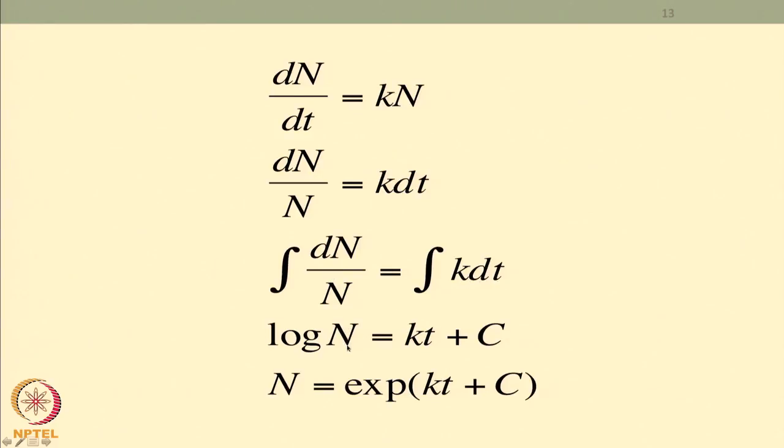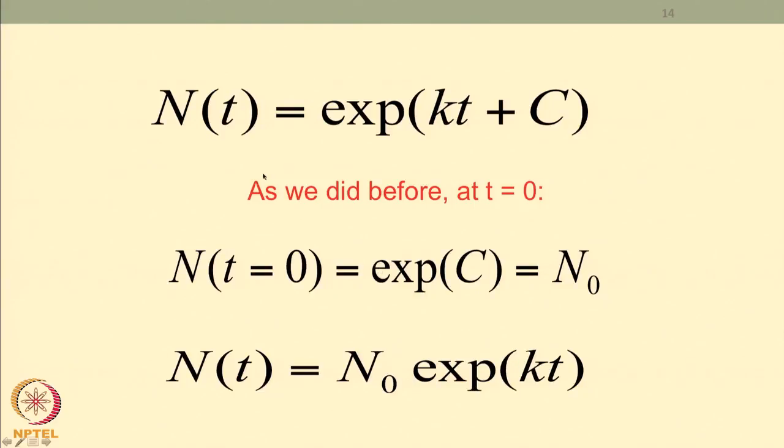The integral of 1 over N is log to the base e N, and kt plus a constant, which I could write as N equals e power kt plus a constant. So this is the exponential function that we have: N of t is e power kt plus c. If I substitute t equal to 0, I would see that N0 is e power c, and I could write N is equal to N0 e power kt. So this is what we have at the end of the day. N is equal to N0 e power kt.